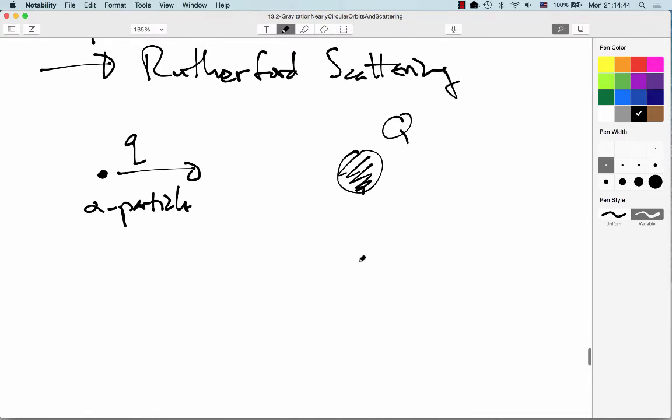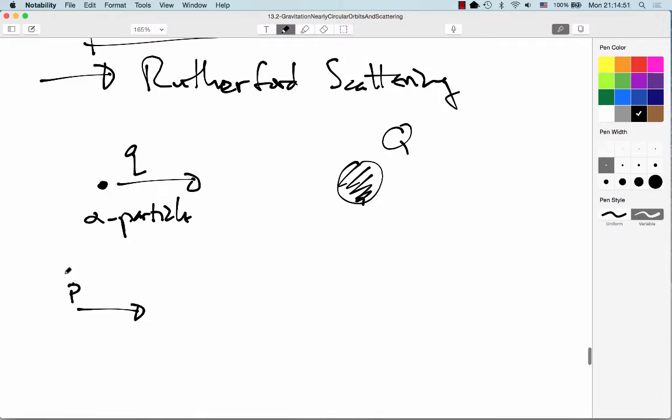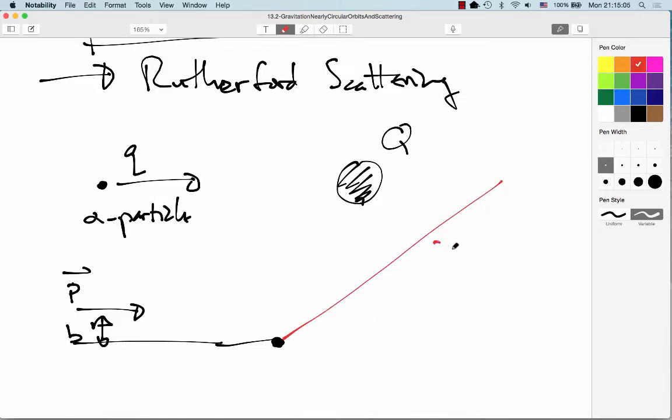So if we follow our same picture here, we're going to come in with some momentum P. We're going to be coming in at some impact parameter b. There's our scattering center there. Long run, we're going to be scattering off at some angle theta, like so, exiting with a momentum P prime after the collision.